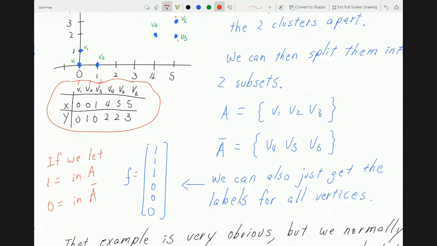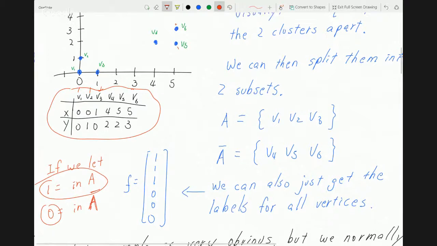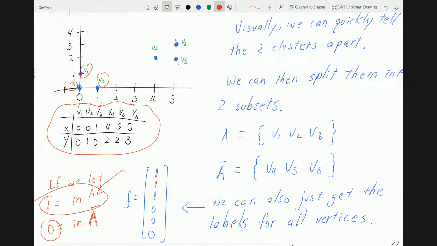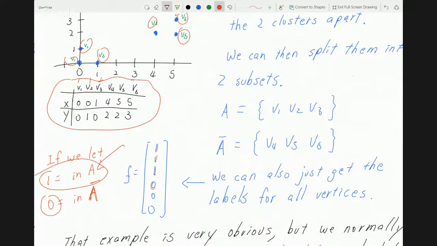We let the label be 1 if the point is in A, and 0 if it's in A naught. So vertices 1, 2, 3 would be 1, 1, 1 because they belong in A. Vertices 4, 5, 6 are going to be 0, 0, 0 because they belong in A naught.